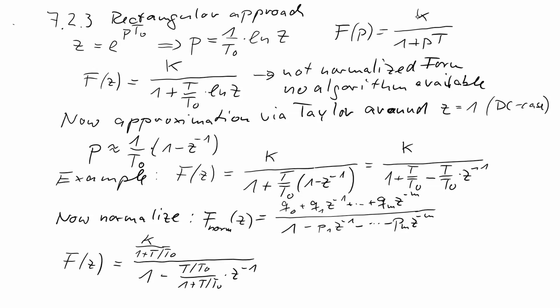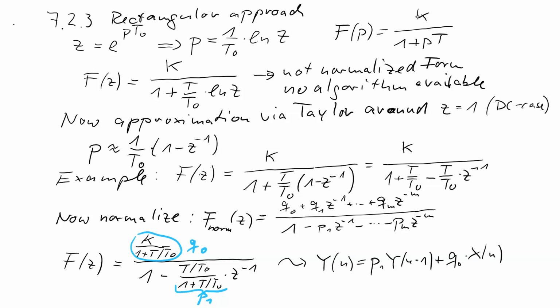Then you see this here is q0 and this is p1, and we can at once write the algorithm in our y x form. y of n is p1 y of n minus 1 plus q0 times x of n.